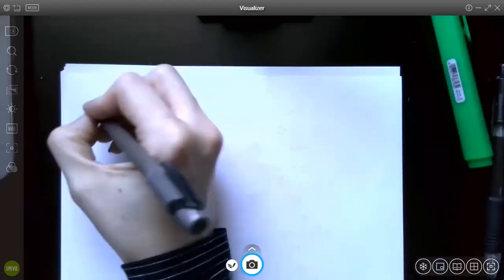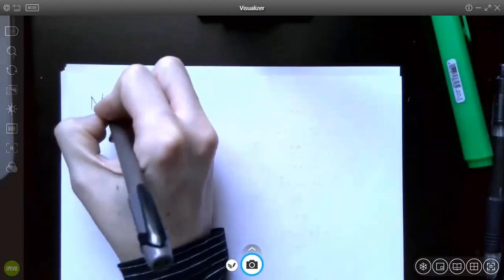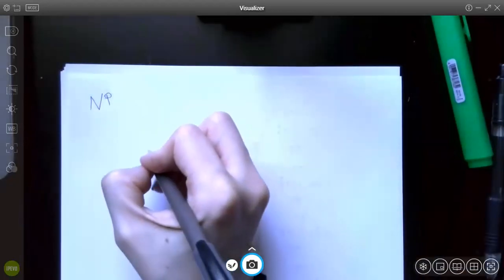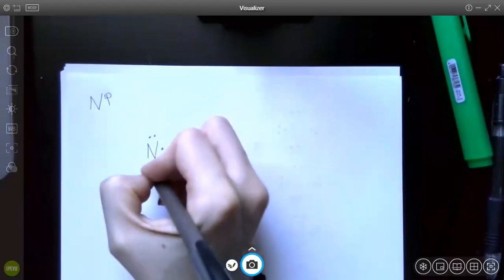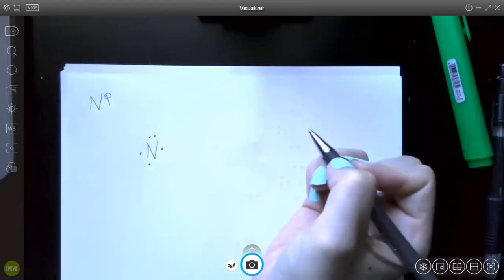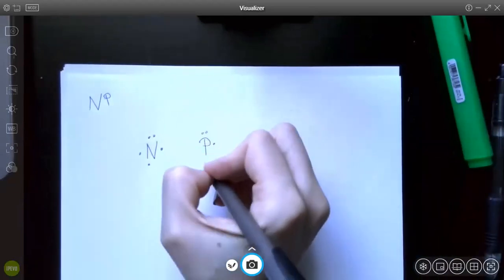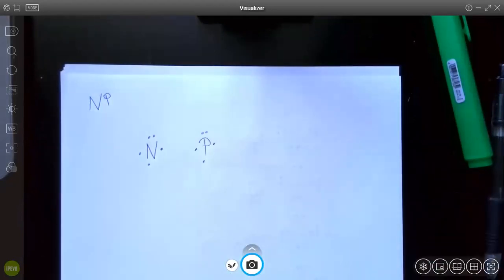Okay, so the first example we'll do of this is nitrogen phosphide. So I'm going to draw my nitrogen. It's in the 15th column, so it's going to have 5 valence electrons. My phosphorus is also going to have 5 valence electrons in the same column as nitrogen.